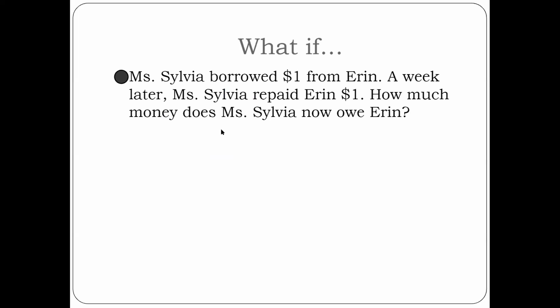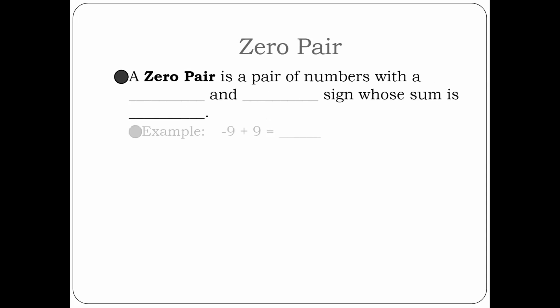If in this example, somebody borrows $1 and then a week later they pay it back, what's the total? 0. That's a perfect example of a 0 pair. It's -1 when we borrow the money, +1 when we pay it back. So putting this stuff in terms of dollars sometimes can really be helpful with integer operations, adding and subtracting. And that's what 0 pairs do. Here's some examples: -9 and +9, 15 and -15.